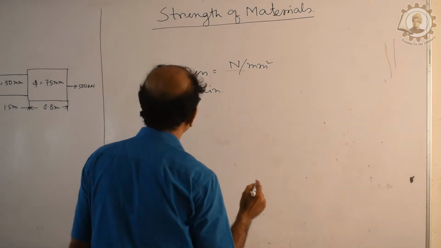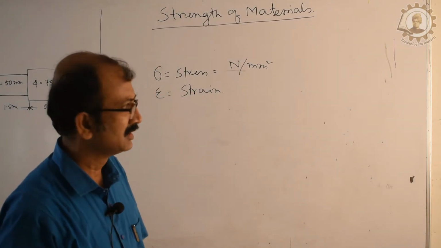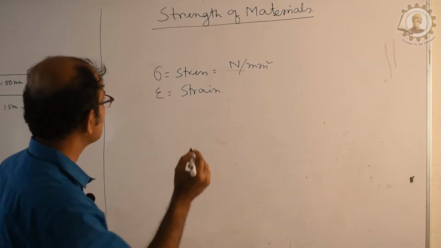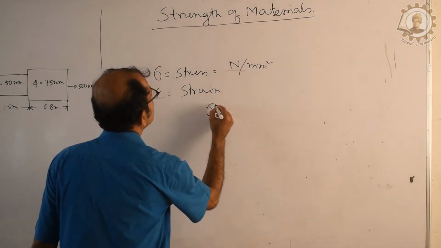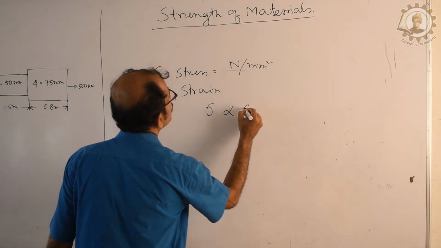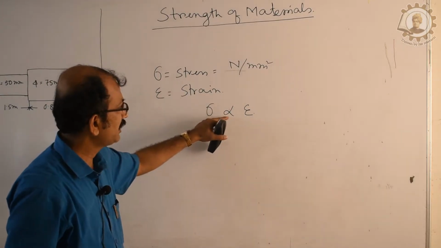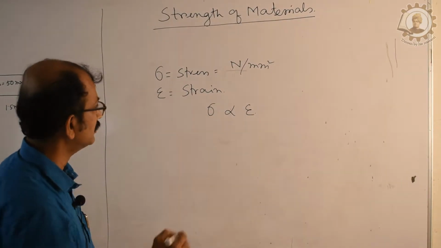Now what is the relationship between stress and strain? In our previous class we discussed that stress is directly proportional to the strain. So sigma is directly proportional to the strain, that is epsilon.